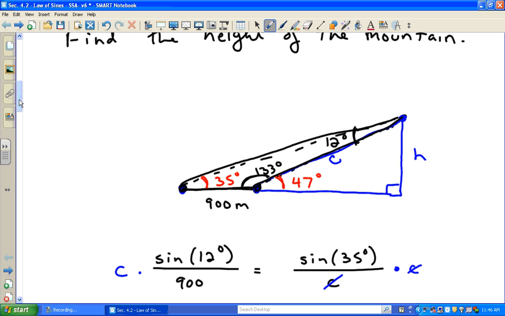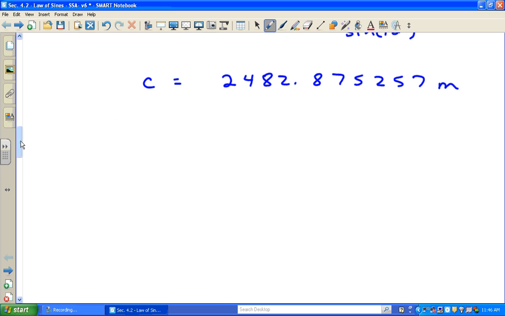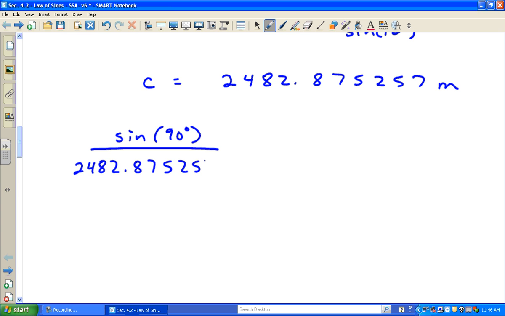And so we can solve for h using the law of sines one more time. We will have sine of 90 degrees over the value that we just got, equals sine of 47 degrees divided by h, which we don't know.